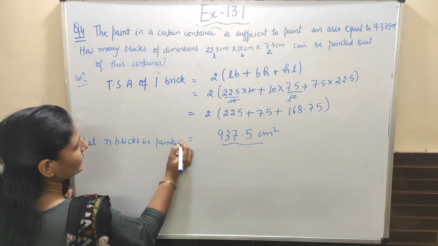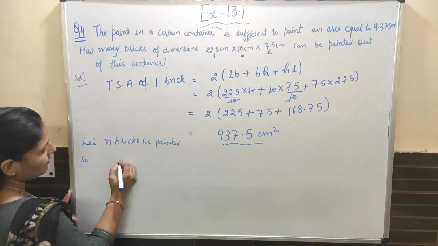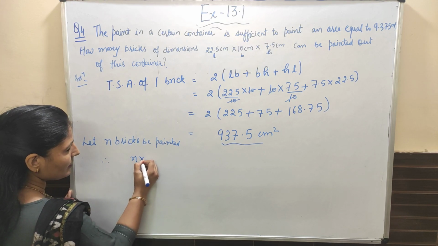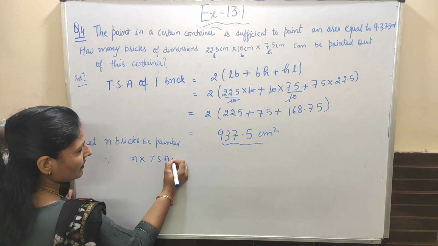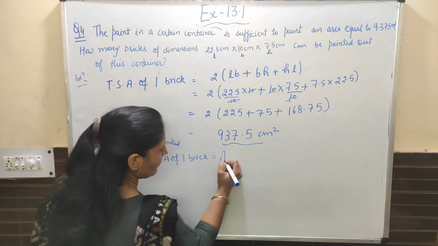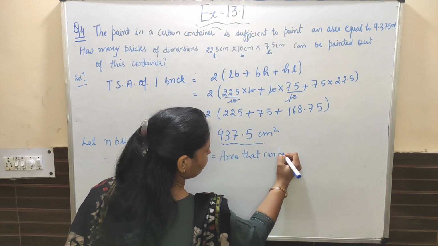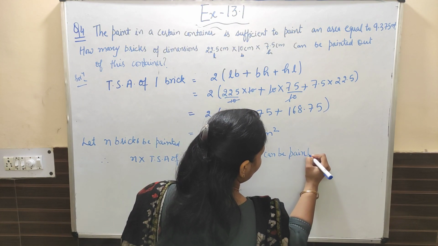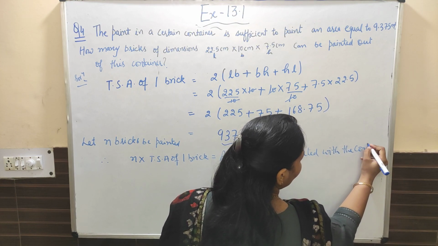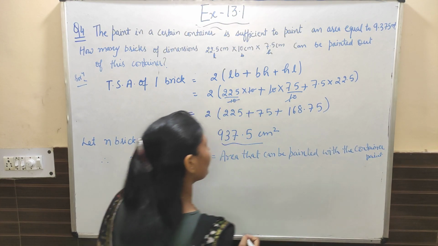So the formula will be: therefore n into the total surface area of one brick is equal to the area that can be painted with the container of paint.